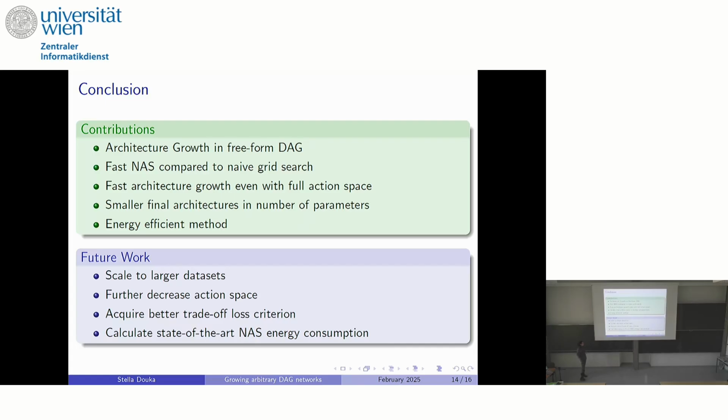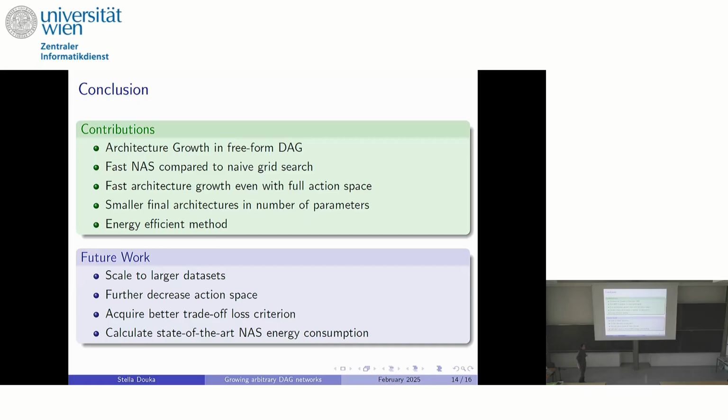And also the possibilities are much fewer because we have to handcraft these possibilities. We have a fast architecture growth. Even with the full action space, it was only 7 GPU hours, and with the reduced one, we can do much better. We have smaller, finer architectures in terms of the number of parameters, as we saw in the historical results of Yann LeCun. And overall, this is an energy efficient method.